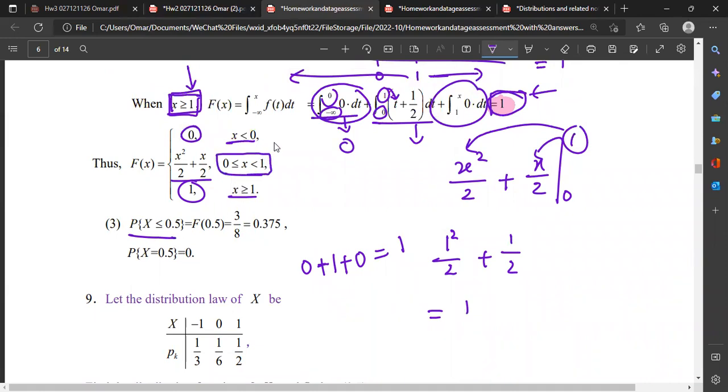So 0.5 will be between here, right? So that means we have to calculate here. Now let's take it out and put the value x equal to 0.5 squared by 2, plus 0.5 by 2. So the answer will be 0.375.